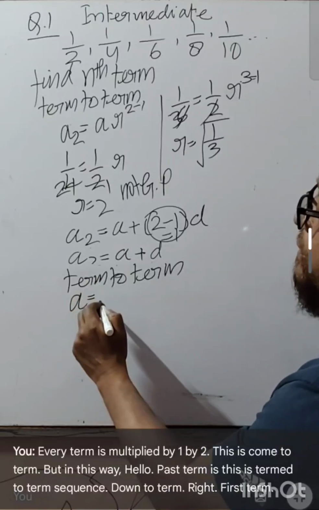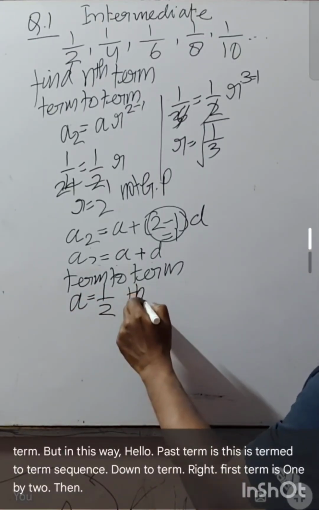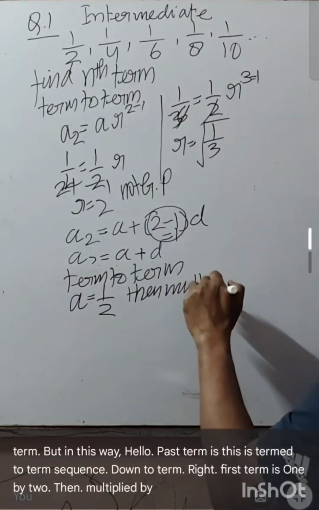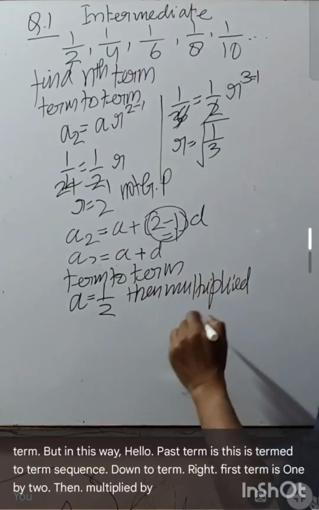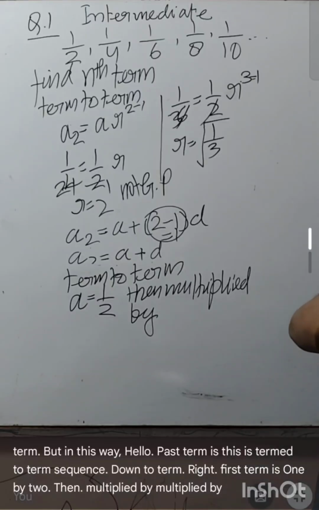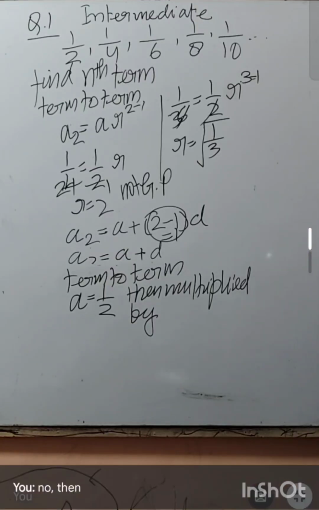First term is 1 by 2, then multiplied by, no, then only it will not work. 6 is there, na? 1, 6, 10.